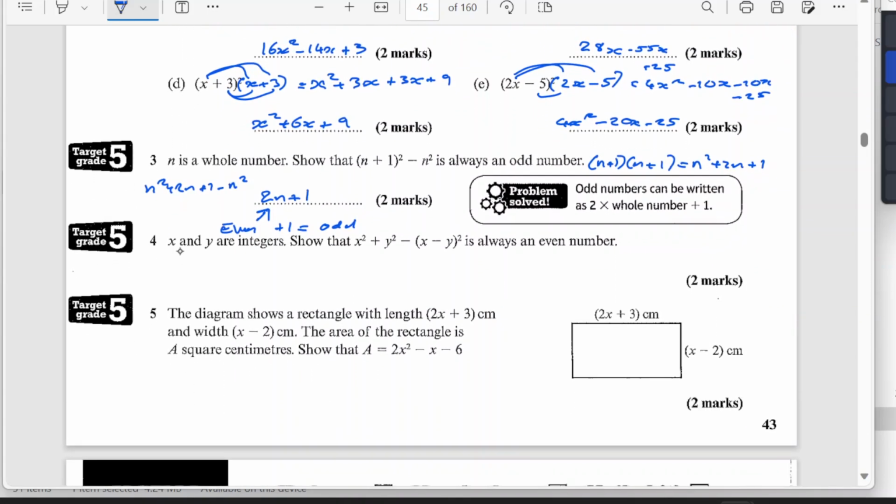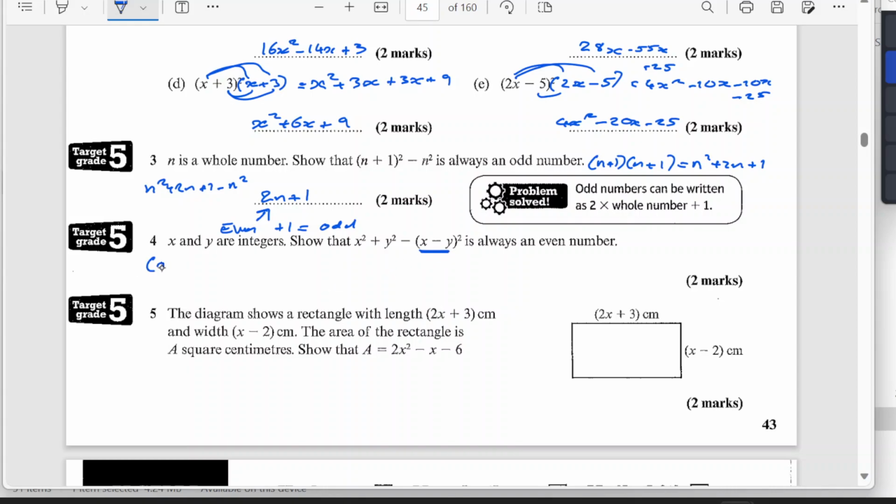Okay, likewise, show that x squared plus y squared minus x minus 1 all squared is always an even number. So I'm going to expand this part first of all.